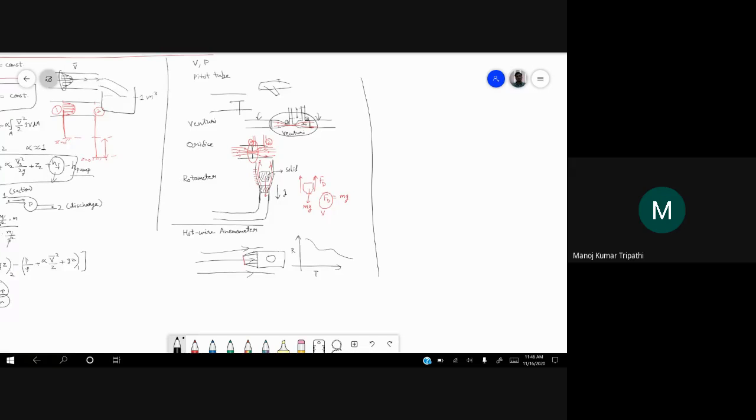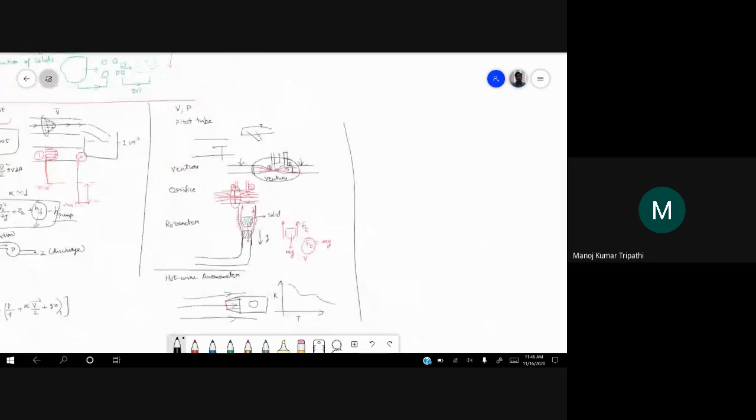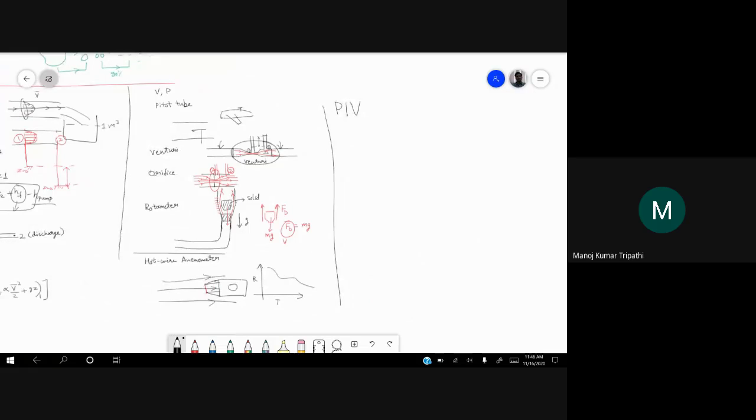So these are different flow meters, and there are many more. There is something called PIV, particle image velocimetry. This gives you a detailed view of the entire flow field, not just the velocity at a particular point, in a pipe or in an external flow, but the entire picture of the flow.